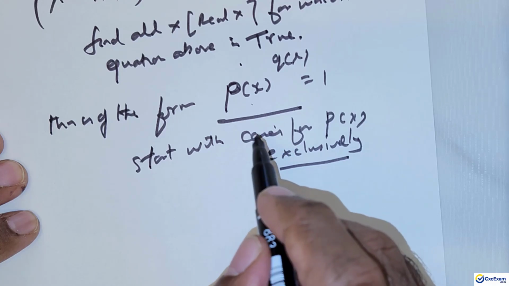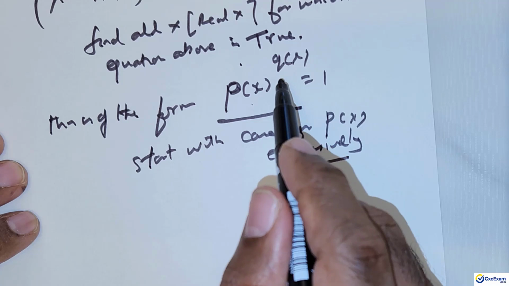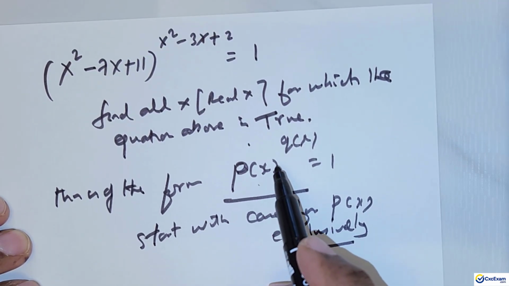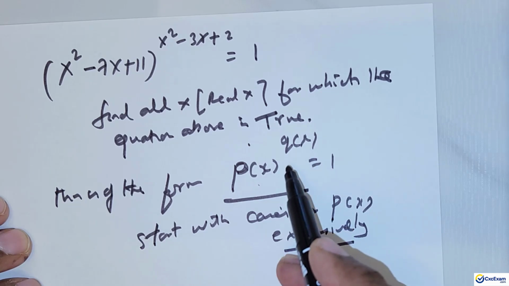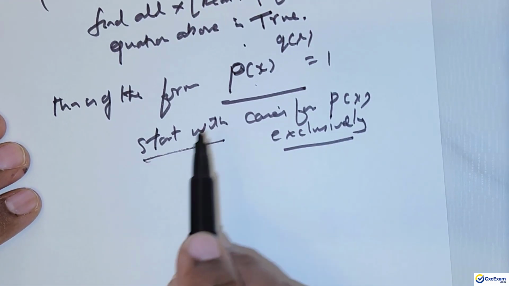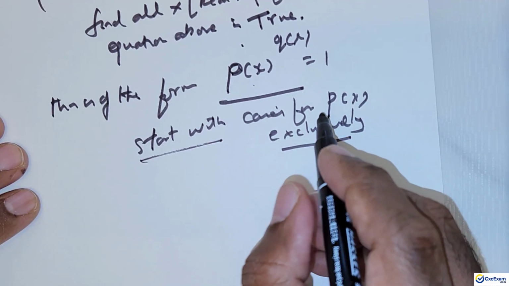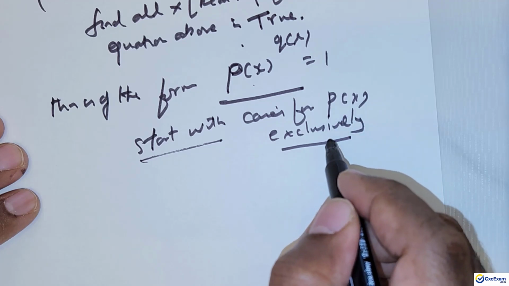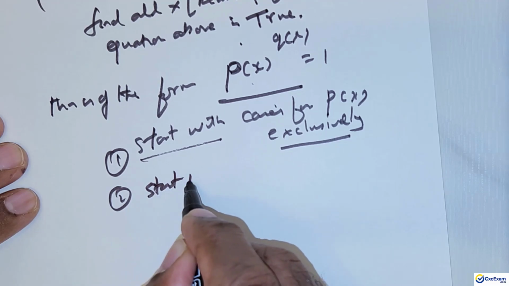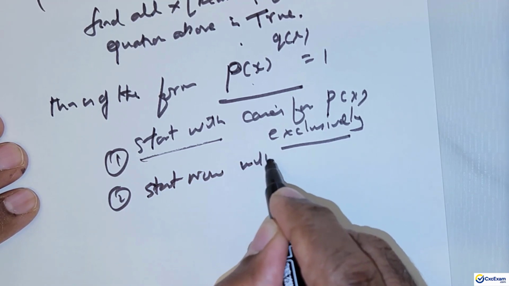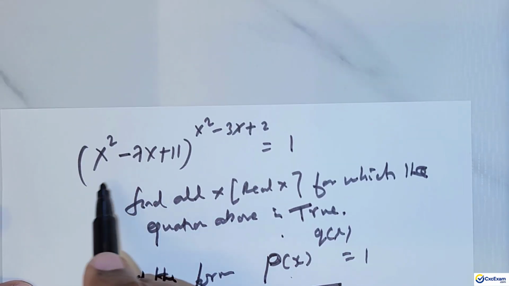In other words, you cannot target the p of x polynomial and the q of x polynomial simultaneously. That would create chaos. So what you have to do is start by exhausting all the conditions for p of x, and then the next step would be to start with the cases involving q of x. So that is how you need to approach this question.